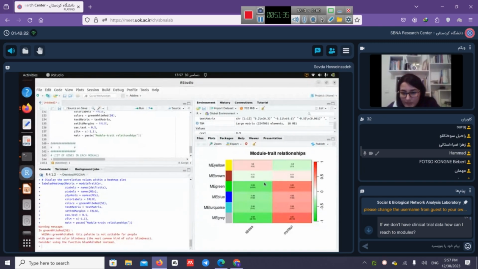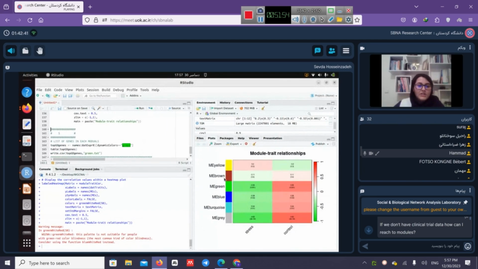Okay. Based on this plot, we can see which modules are significant for our trait. For example, in this figure, the module green and the module turquoise are significant for our trait and our condition, heat stress. And after that, as I said, it's important for us to know which genes are in our significant modules.